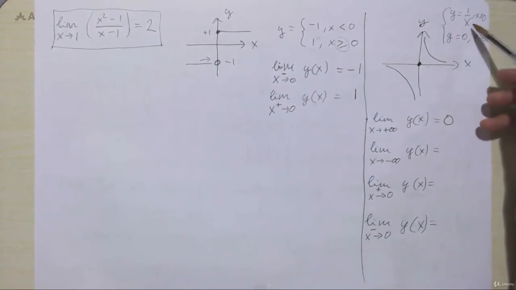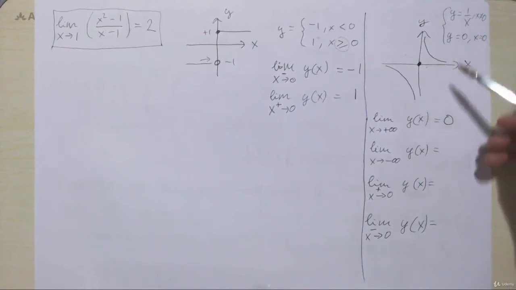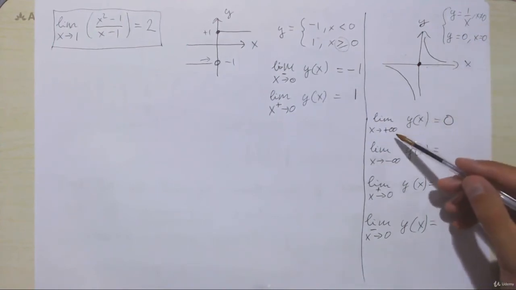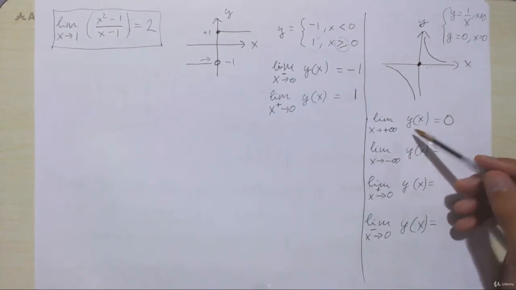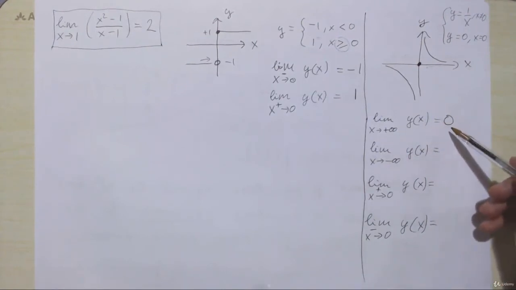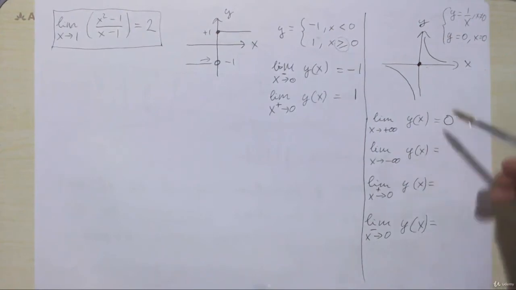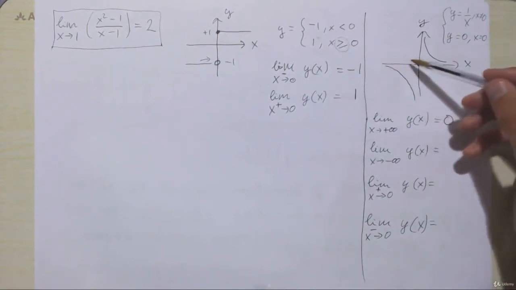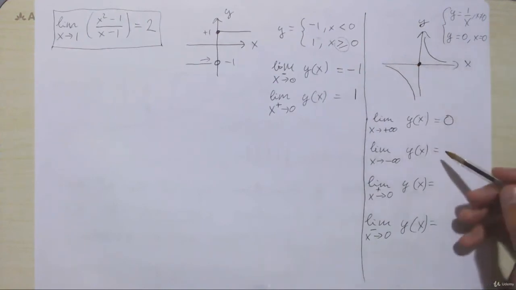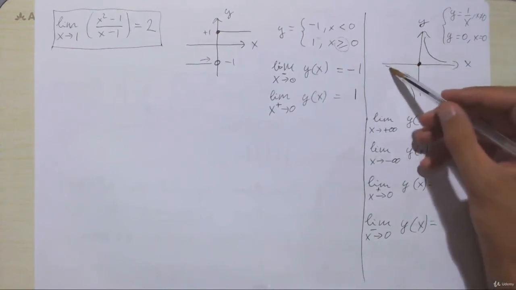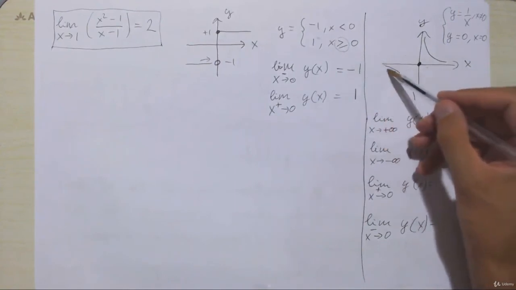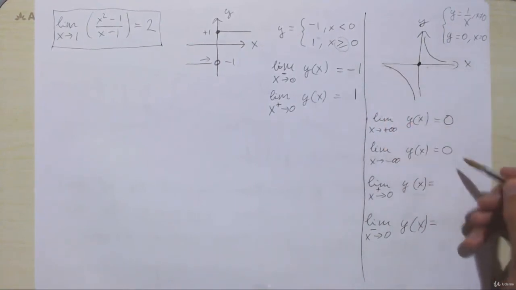So that's why when x equals 0, you cannot have a value for y, because then it's undefined. However, as x approaches plus infinity, y would approach 0. Now if x approaches minus infinity, which is in this direction, then y would also approach 0. So the further I go, the closer this line gets to 0. So it would be 0.